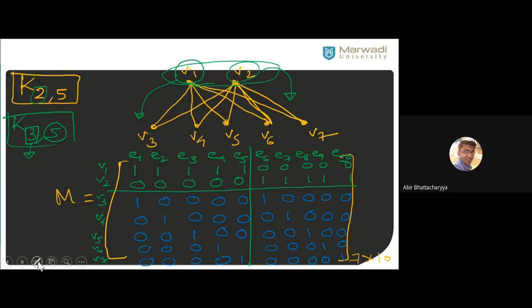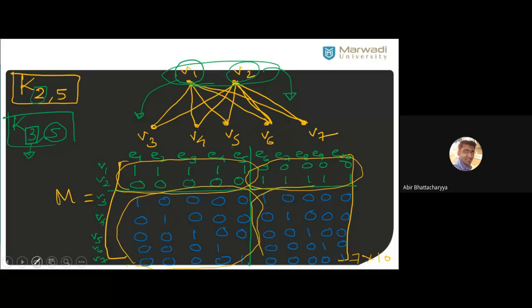See, in K25, how many partitions? This is one partition, this is one, this is one, and this is one. So how many partitions? 4 partitions. For K25 we have 4 partitions.